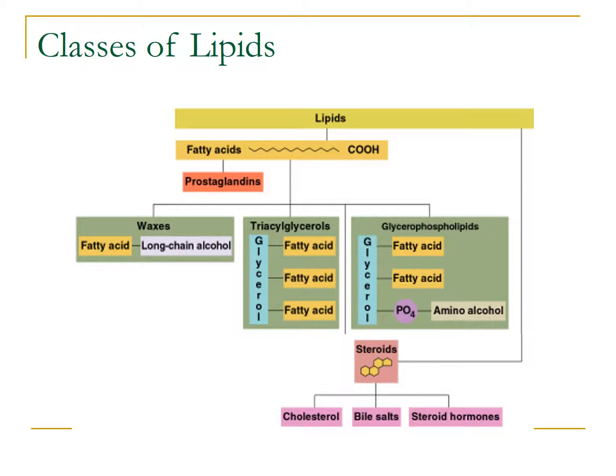Now in the fatty acids there are three major categories, and they are the waxes. The waxes are found in some structures like plant structures, and they consist of a fatty acid connected with an esterification reaction to a long chain alcohol.